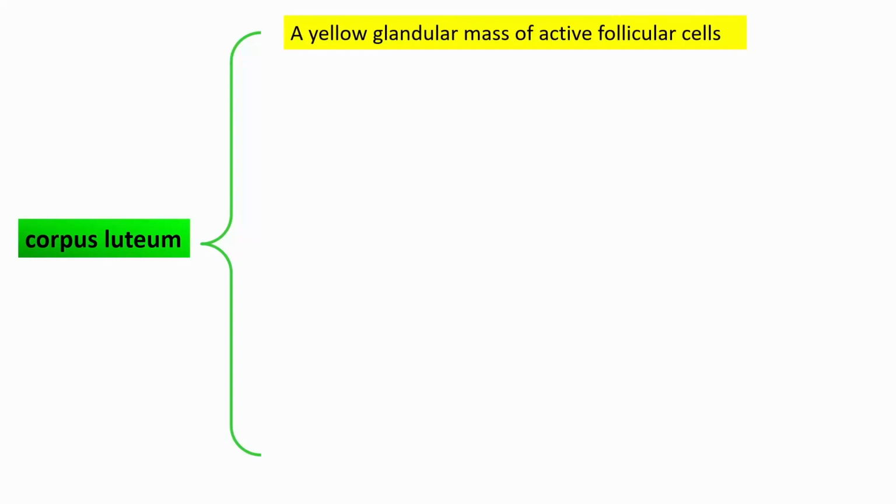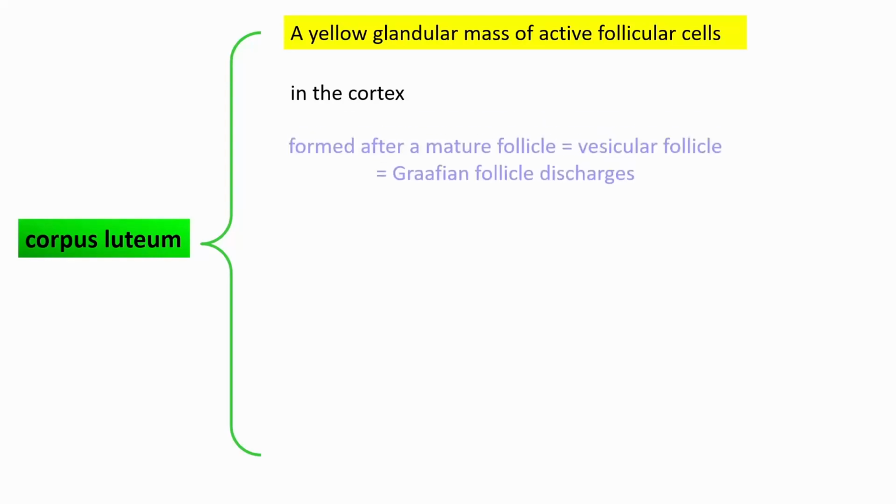What is another name of the follicular cells? It is granulosa cells. Where is corpus luteum? It is in the cortex of the ovary. When does it form? It is formed when the Graafian follicle ruptures and discharges the oocyte.